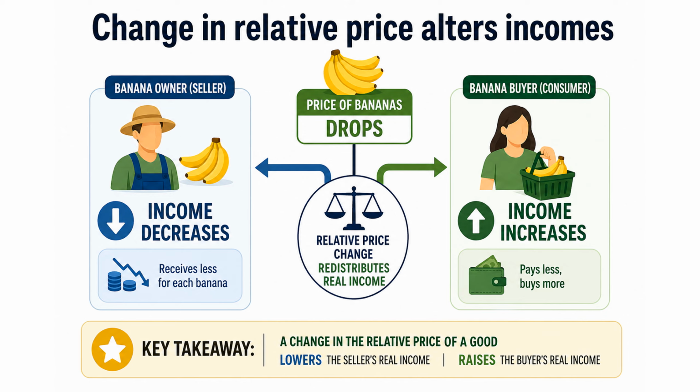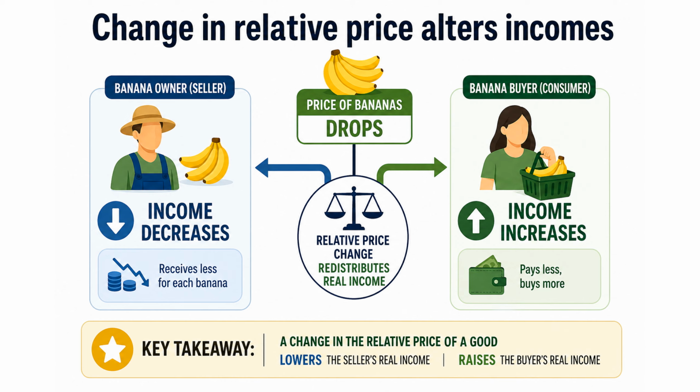For example, if the price of bananas drops, the banana owner's income may decrease, while the buyer's income effectively increases. What this example shows is that a price drop can have different effects on consumers, leading to changes in demand based on their individual circumstances. Recognizing how price changes affect income is vital for understanding shifts in market demand and consumer behavior.